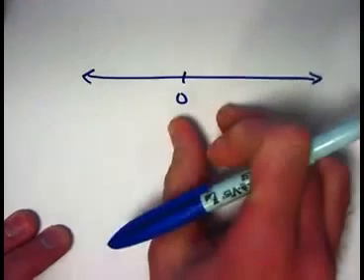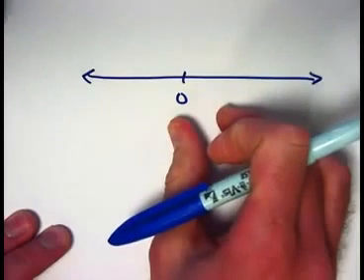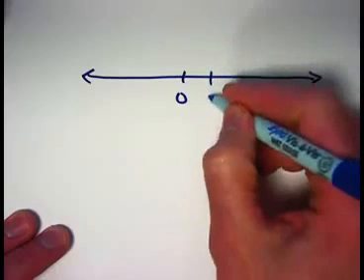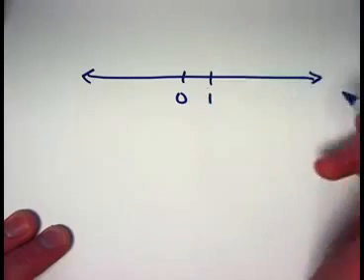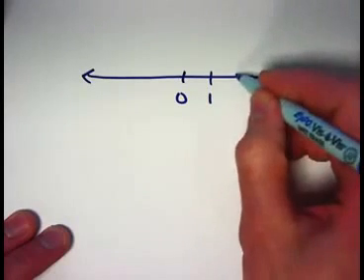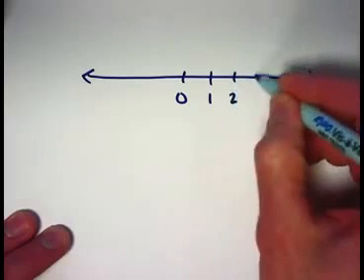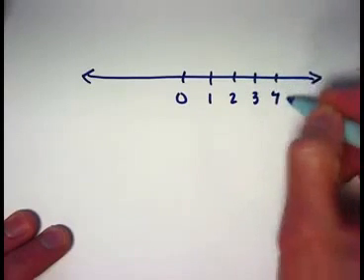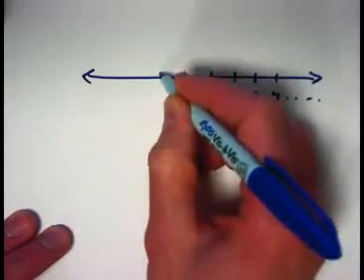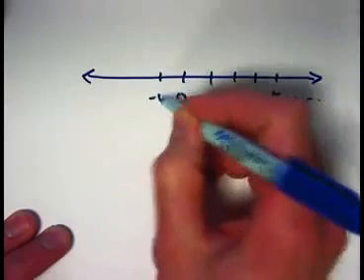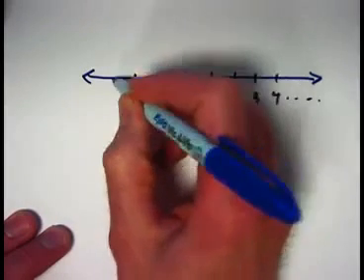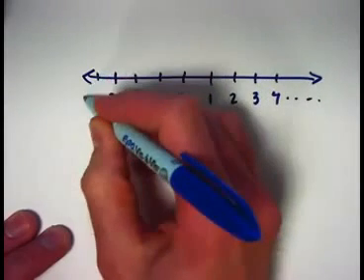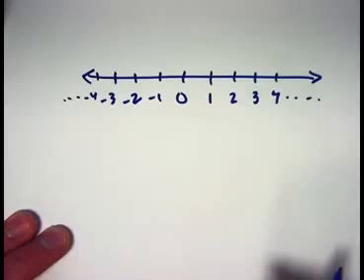You mark a certain amount of length, it could be 1 inch, it could be 1 centimeter, whatever you want, to being to the right of 0, and that will represent the number positive 1. Continue on, typically making these the same distance apart. Technically you don't have to, but usually you do. Make these one distance apart, representing the integers, and they do go on forever and ever in both directions.